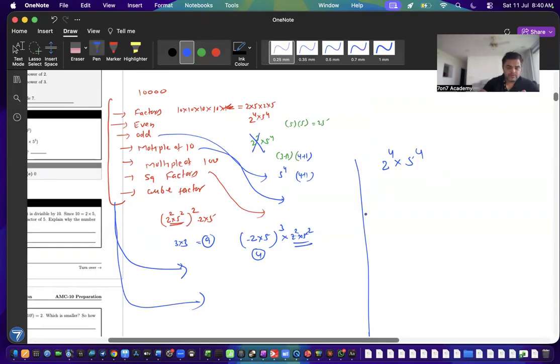And then you multiply. Understand? So this you understand. So perfect. So what is the addition of factors? 2 raised to 5 minus 1 upon 2 minus 1, into 5 raised to 5 minus 1 over 5 minus 1. And what is the multiplication of factors, beta?